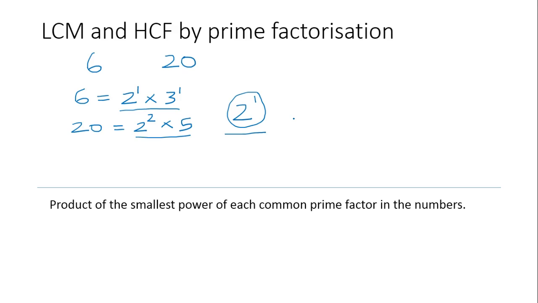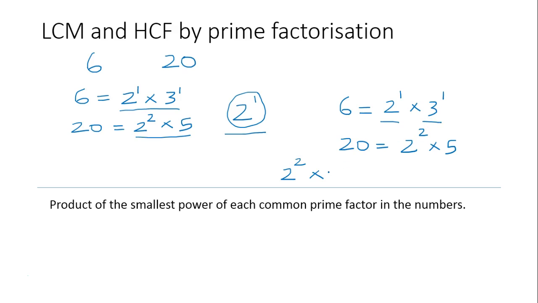Now let's see how to find LCM. For LCM, we need to look at all the factors which are present in either of the numbers. It doesn't have to be a common factor. Here we have a 2, which is also present here. You just write 2 for the time being, and you need to take the highest power. 2 is 2 raised to 1 here and 2 raised to 2 here, so the highest power is 2 raised to 2. Now what is the next factor? 3 is a factor here. Remember that it doesn't have to be a common factor.